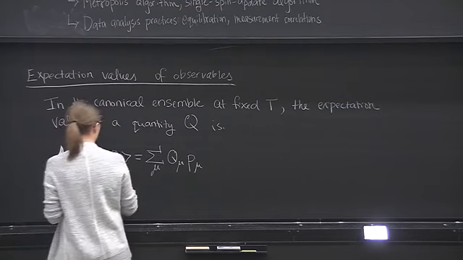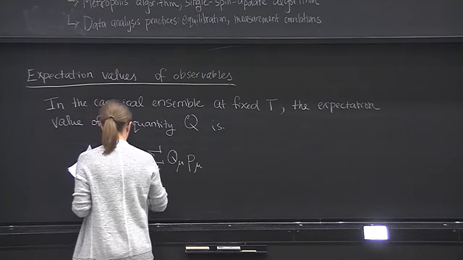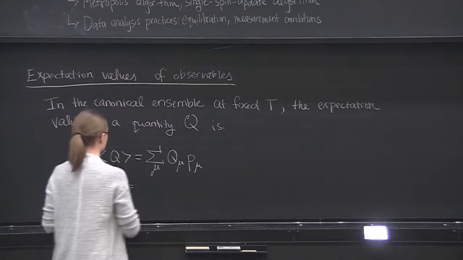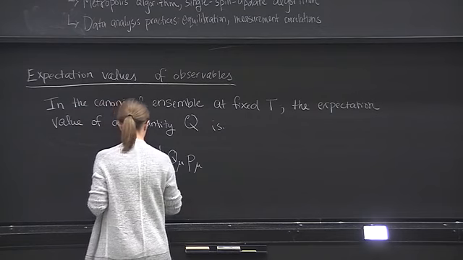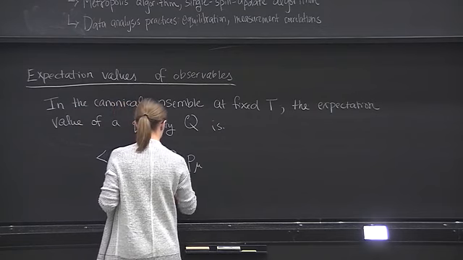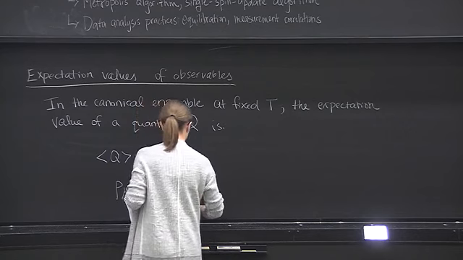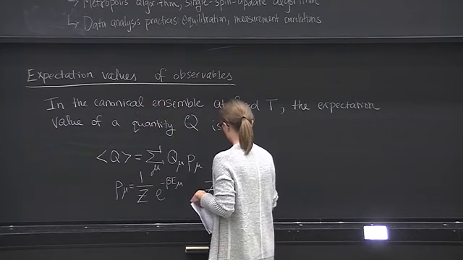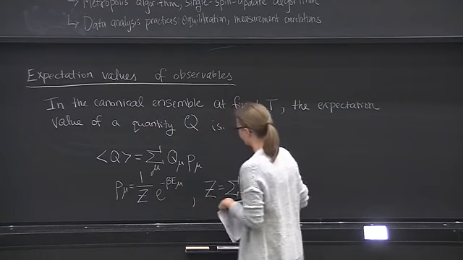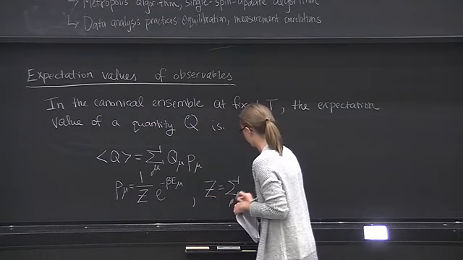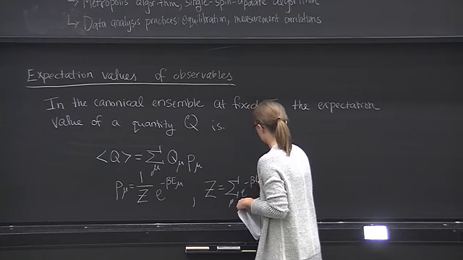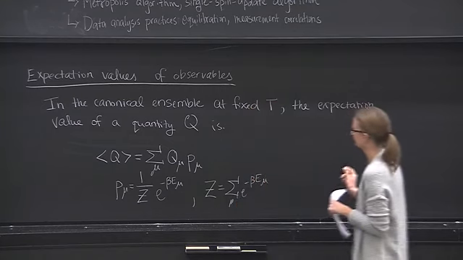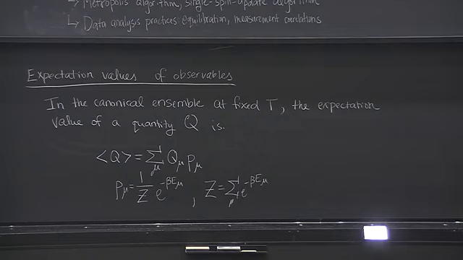And specifically, the way I calculate my probabilities is from the Boltzmann distribution in this case. And everything is normalized by my partition function. So I haven't made any reference to the XY model yet.